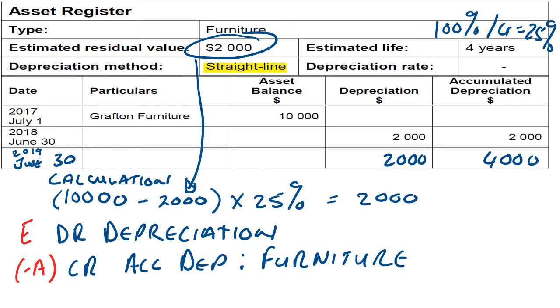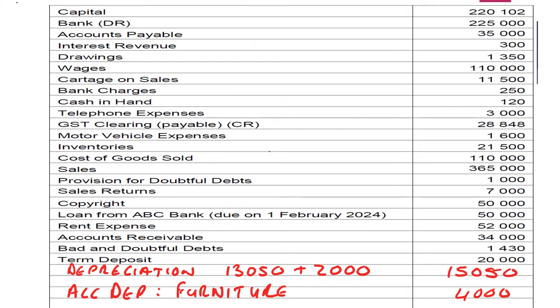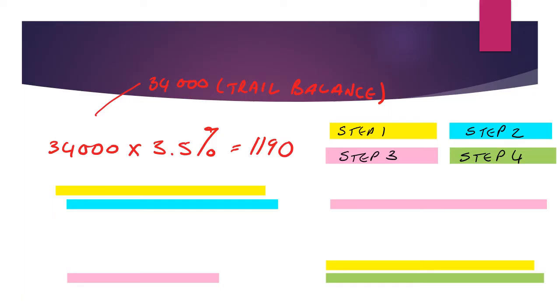Important is, again, I would debit my expense and I would credit my negative asset. Look now at my trial balance. You can see there I would have depreciation, add the two together, and I would write that off in my statement of profit and loss. Accumulated depreciation on furniture will go to the statement of financial position.